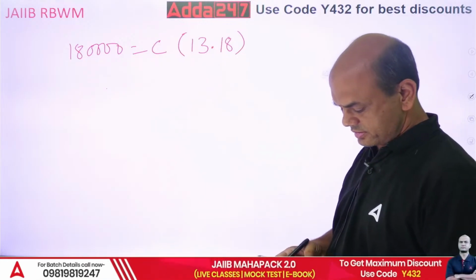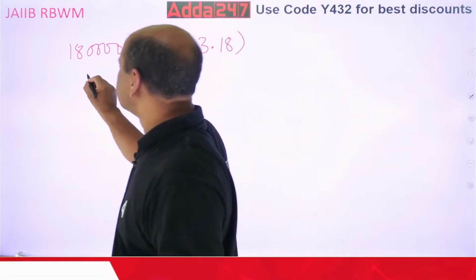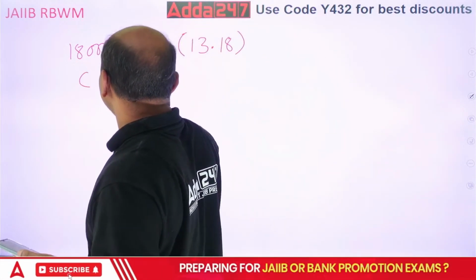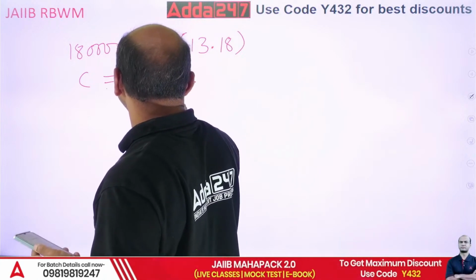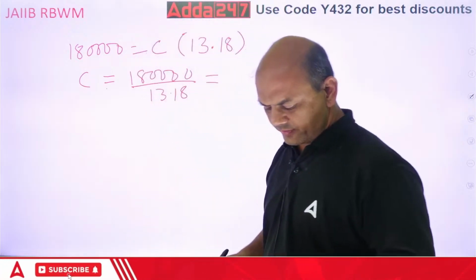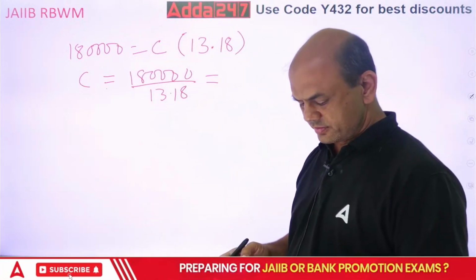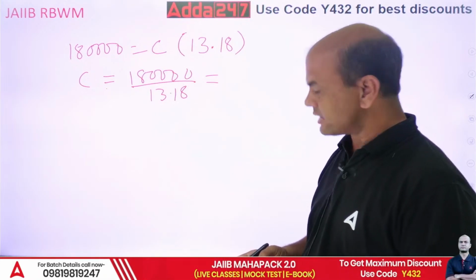Do it, everyone. So now C equals to 1,80,000 divided by 13.18. Get the answer now.